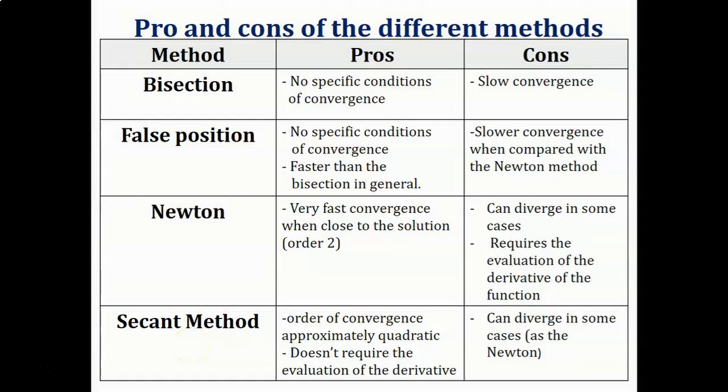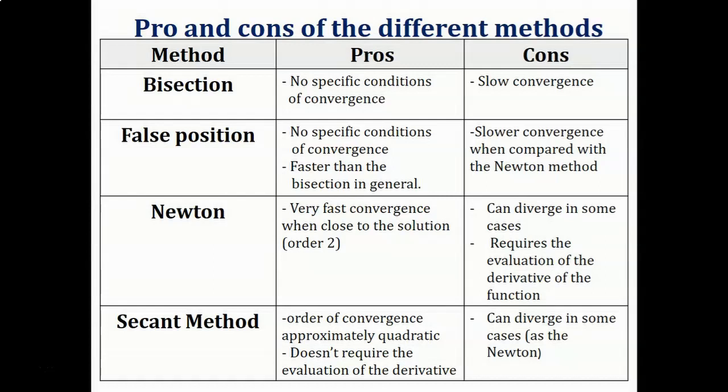And now, as a summary of this chapter, we will recall the pros and cons of the different methods. The bisection method is the most basic root searching method. The convergence is slow, but the principal advantage is that there are no specific conditions of convergence.